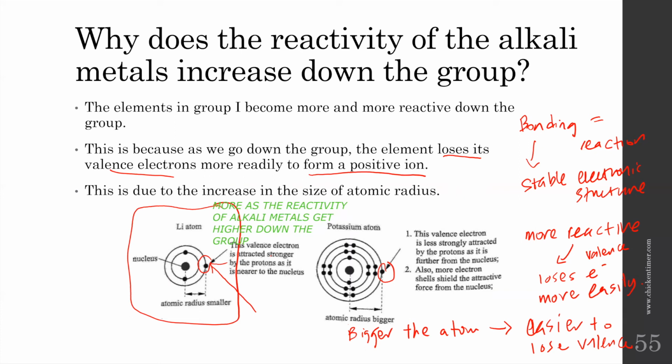So they say elements in group 1 become more and more reactive down the group because as we go down the group, the element loses its valence electrons more readily to form a positive ion. This is due to the increase in size of the atomic radius. That means the atom becomes bigger.